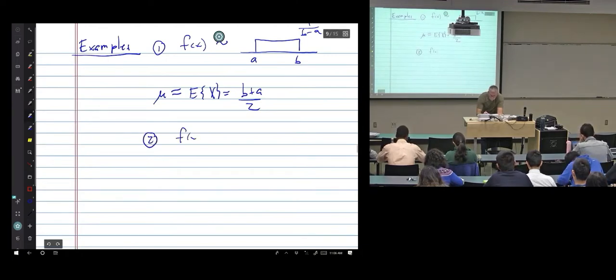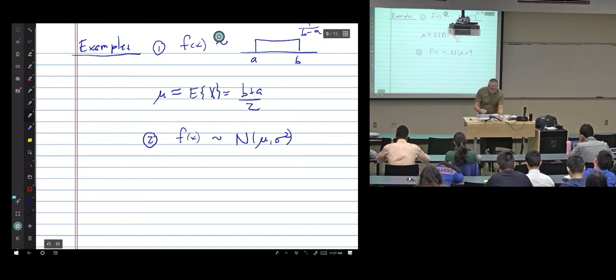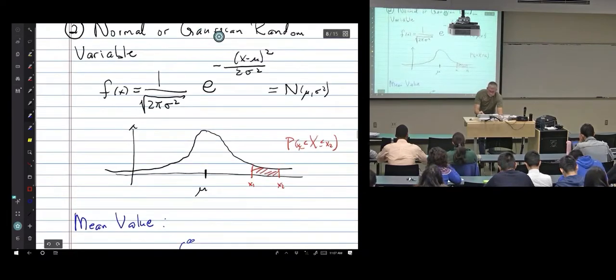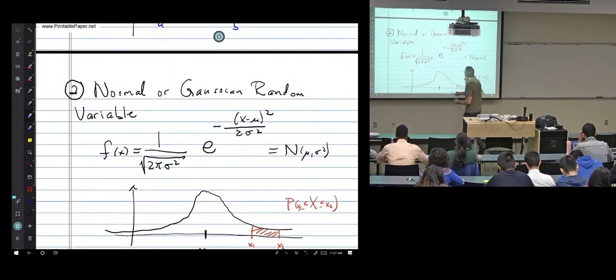Now the mean value of the normal, you need to integrate x from minus infinity to infinity, and when you do it, you get this parameter mu.